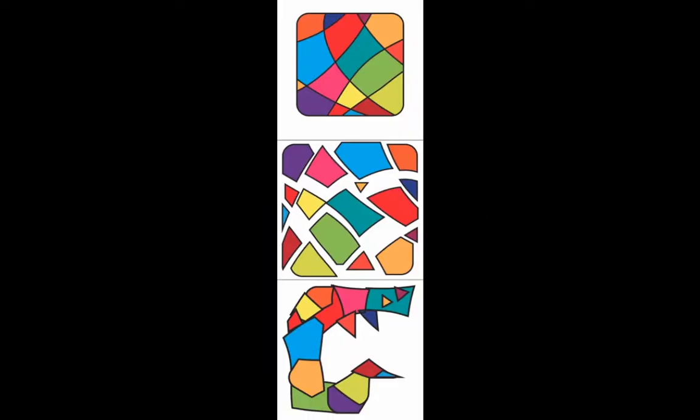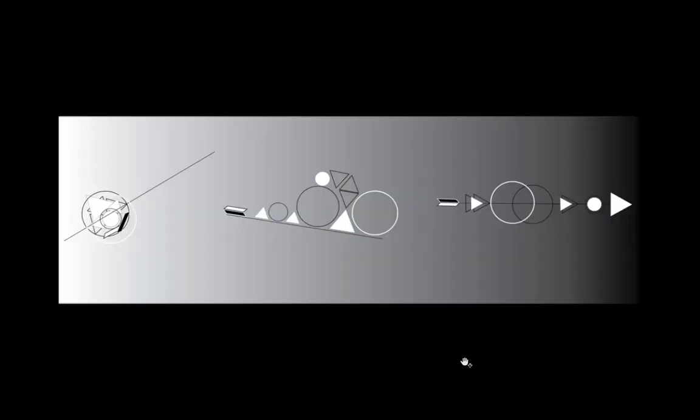Student work. So we have this piece, everything pulled apart and then rearranged. I believe it started over here, so they took it right to left as opposed to left to right.